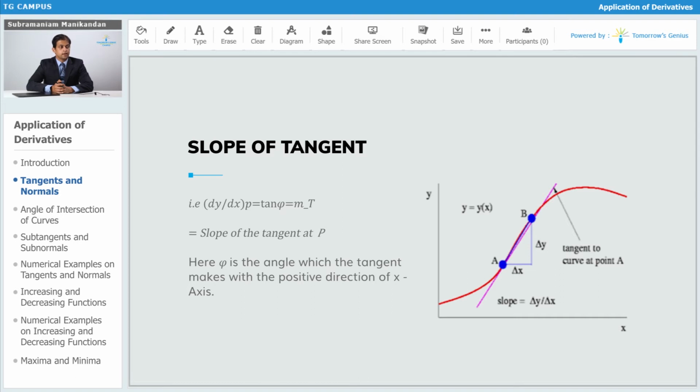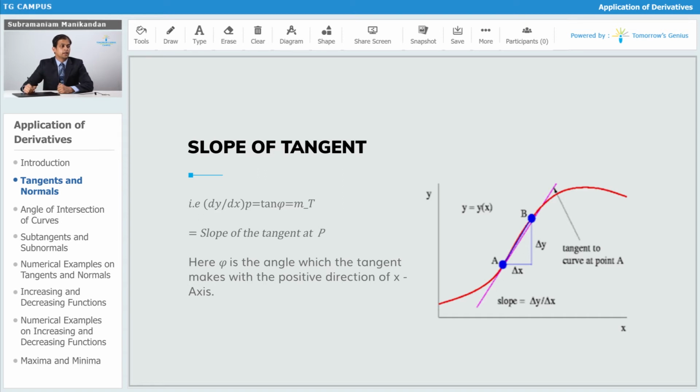If you draw a line AB passing through both points A and B, then the tangent of the angle A will be the opposite side divided by adjacent side. So that gives us delta y upon delta x. And that value is also equal to the slope at the point A.